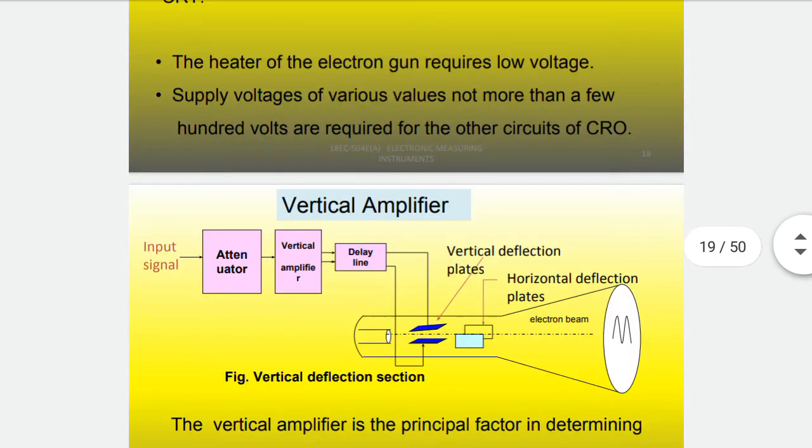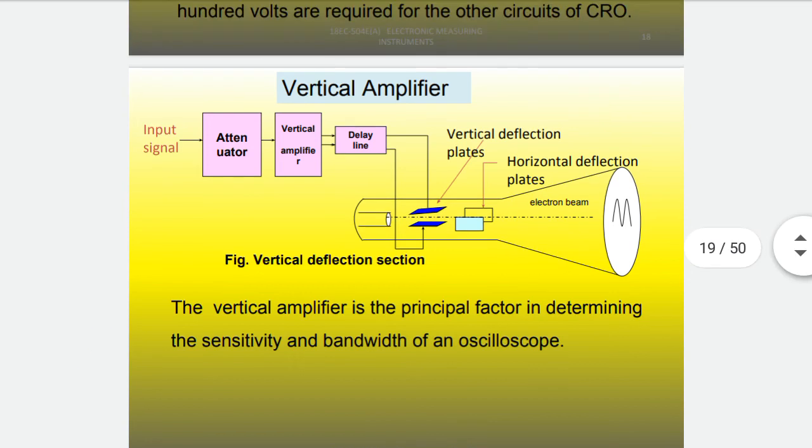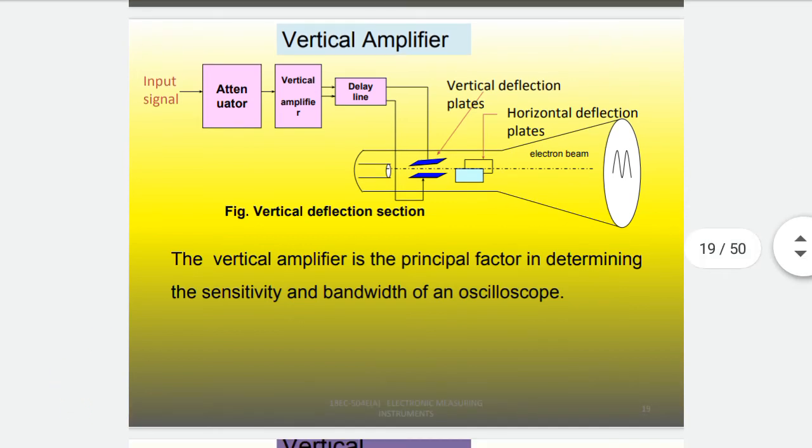Now coming to the vertical amplifier section. The vertical amplifier is the principal factor in determining the sensitivity and bandwidth of an oscilloscope. That means the main purpose of the vertical amplifier is to amplify the incoming signal, that is the attenuated input signal, and it decides the sensitivity and bandwidth of the oscilloscope.